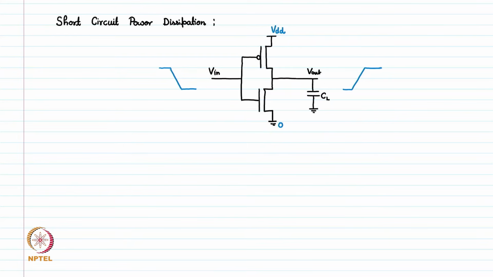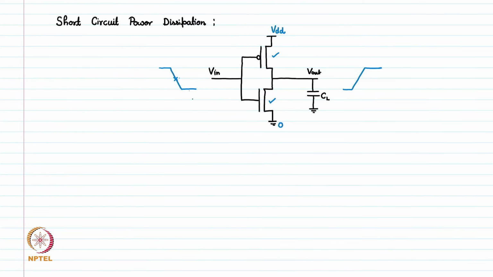When we are applying a transition from high to low, there will be a point where this PMOS is also on and this NMOS is also on. For example, let's talk about this point right at the midpoint of the input value. The input is not very high and not very low.